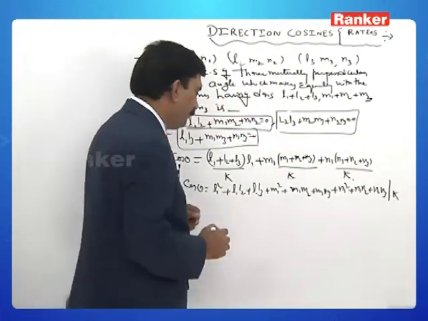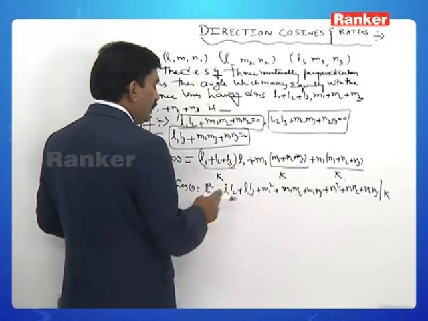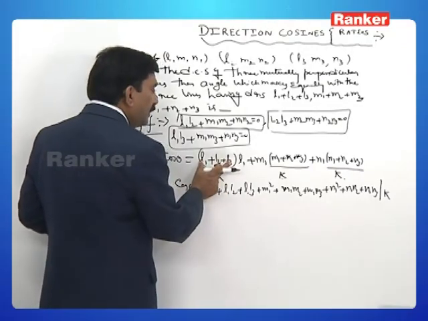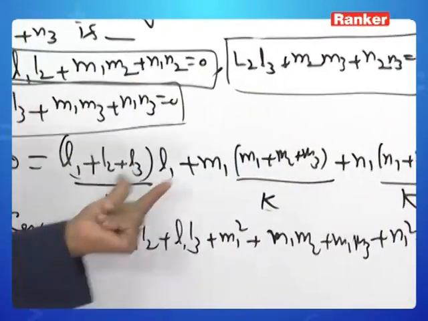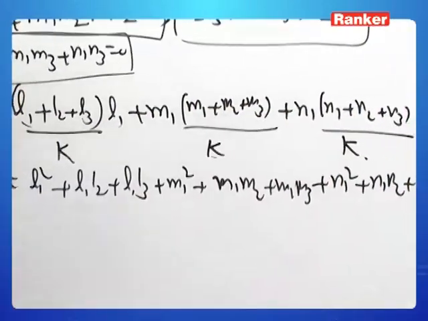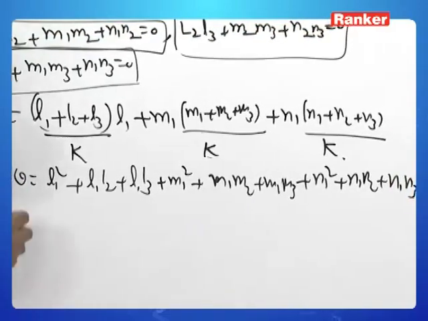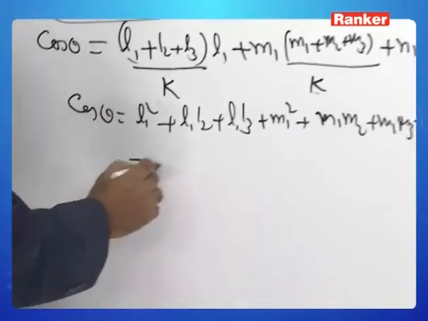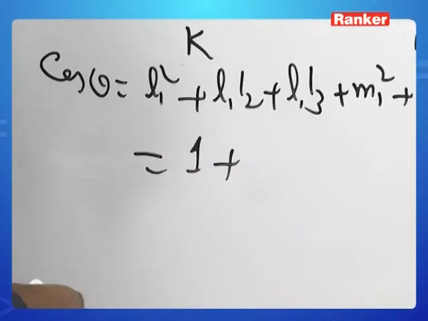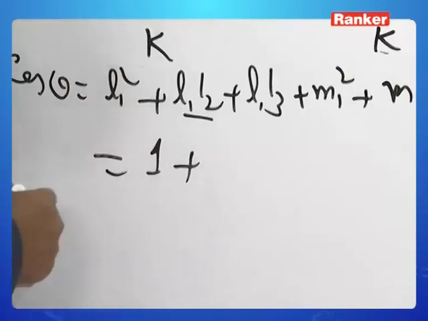So let us see what k is. I want the magnitude of this line, meaning I want to convert the DRs into DCs, because this is the formula to find the angle between two lines having DCs. Let us take this length as k. We will find out k later.